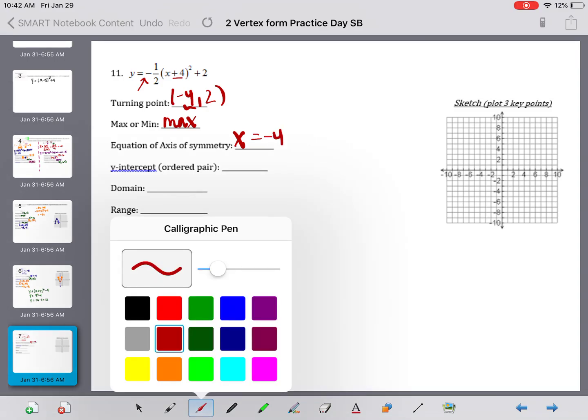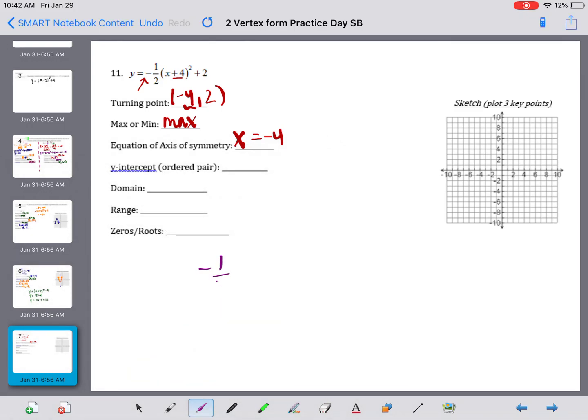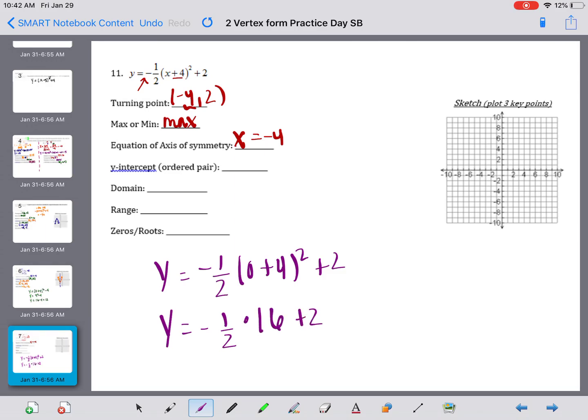The y-intercept, again, you can just plug 0 in for x. So y is equal to negative 1/2 times 0 plus 4 squared, which is just 16. Negative 1/2 times 16 is negative 8, plus 2 gives us negative 6. So our y-intercept is just 0, negative 6.